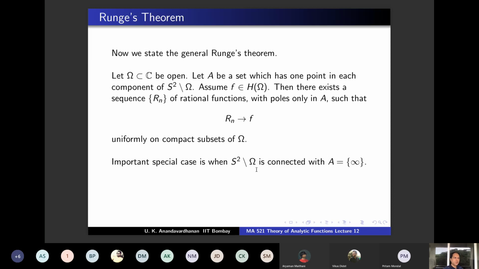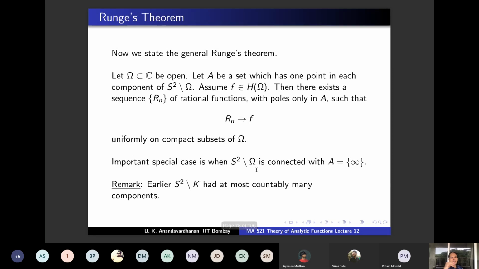And the approximation is good enough in the sense that it is uniform on compact subsets of omega. So any holomorphic function on such an omega can be approximated by polynomials uniformly on compact subsets. Okay, so this is an important corollary.